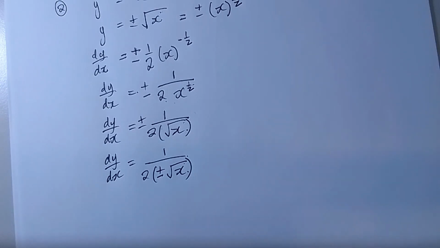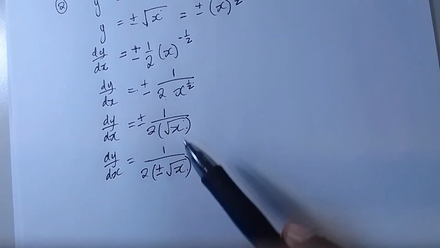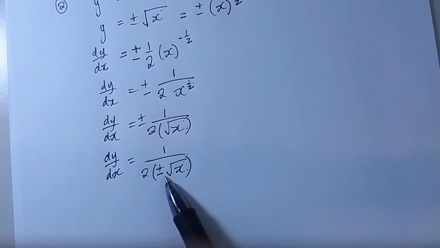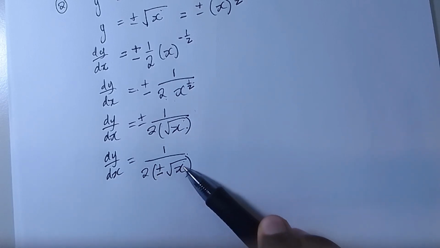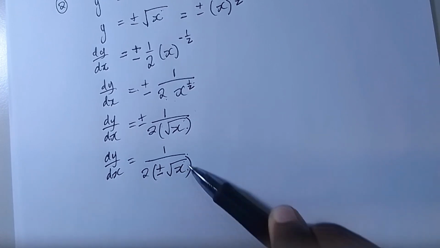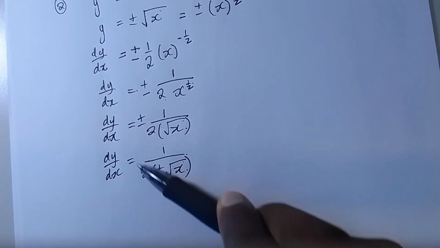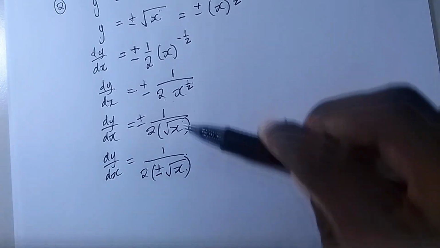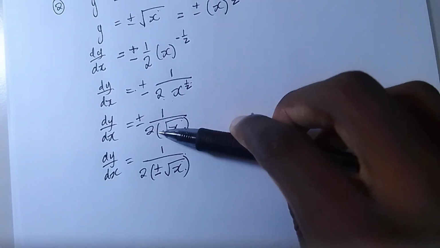Now why am I doing this? This is still multiplied with x, and if there's plus or minus here, it'll make this whole thing a plus or minus, which makes the whole value plus or minus. Okay, so basically this is still equivalent to this.